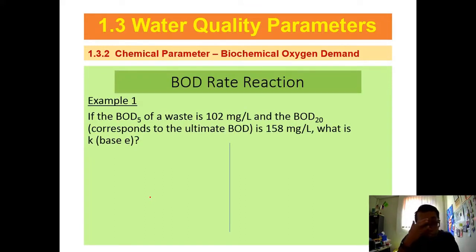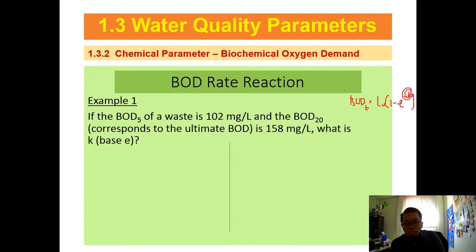Example: if the BOD5 of the waste is 102 milligram per liter and BOD20 is 158 milligram per liter, what is K? Go back to the basic: BODt equals L0 times 1 minus exponent negative kt.